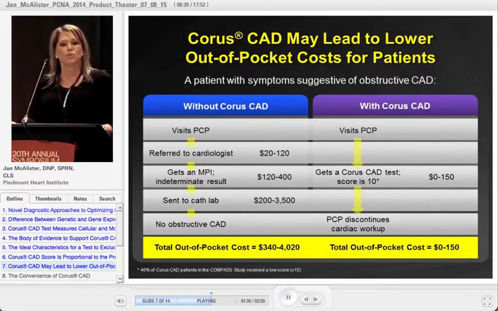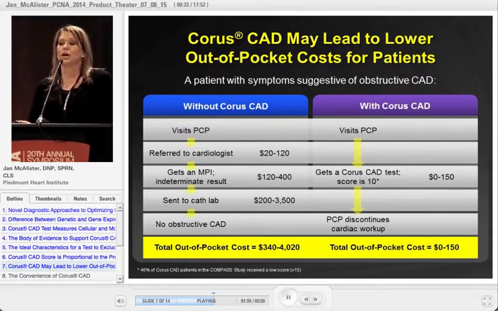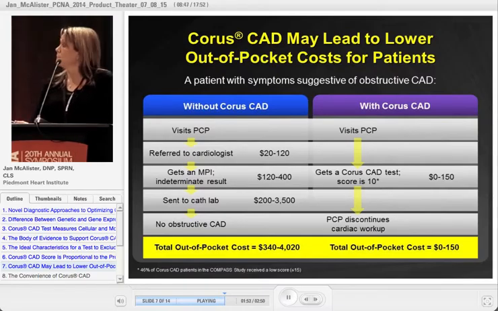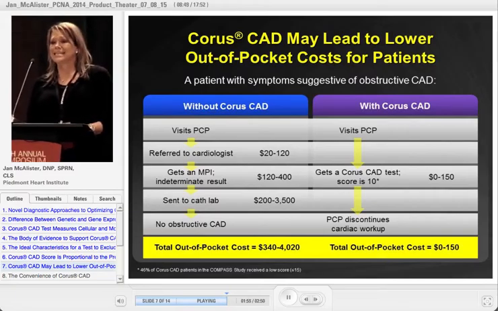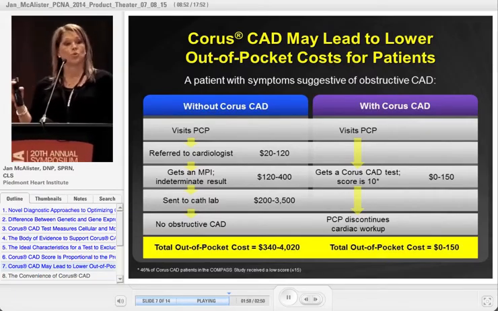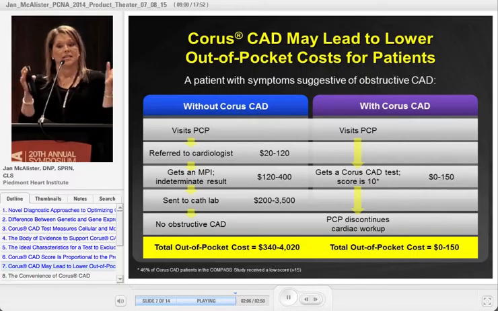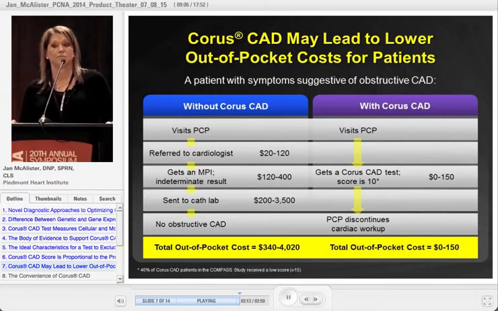When you perform the test, a low score is 15 or below, so the likelihood of obstructive disease if their score is 15 or below is pretty low. 16 to about 27 or 28 is your intermediate risk. That to 40 is your high risk and pretty likely to have obstructive disease. Needs to go further through the cascade.